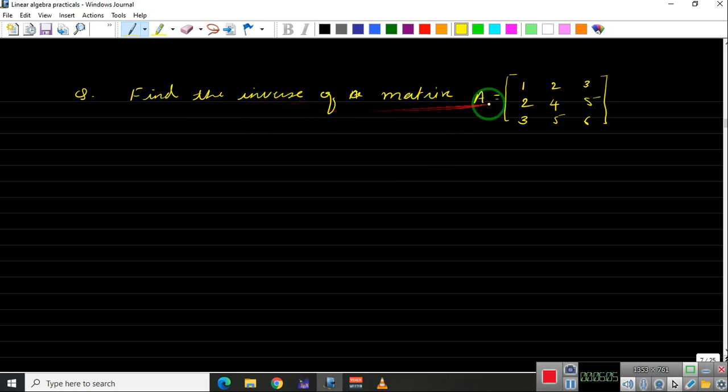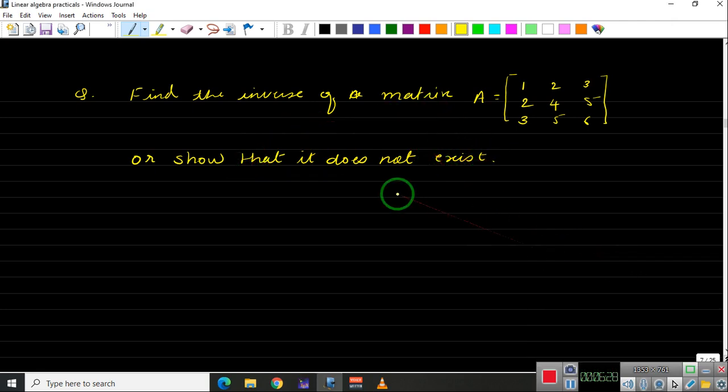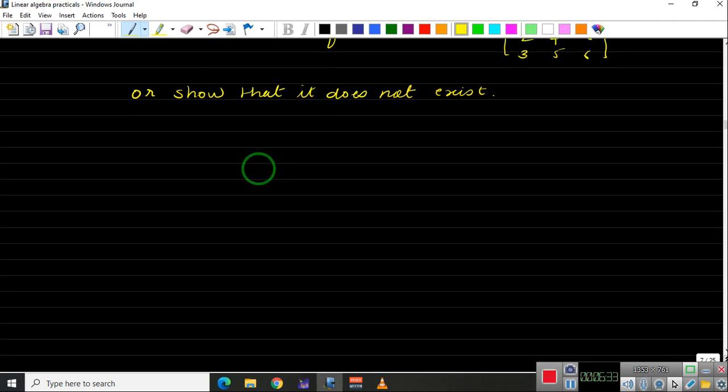So find the inverse of the matrix A, or if the inverse does not exist, show that it does not exist. In the process we will come to know when it will exist or when it will not exist. So let's go for the solution.